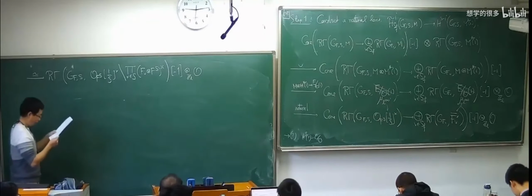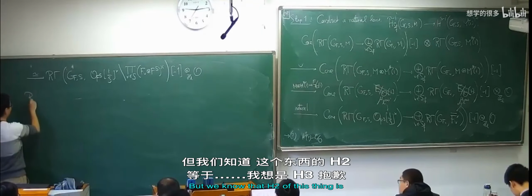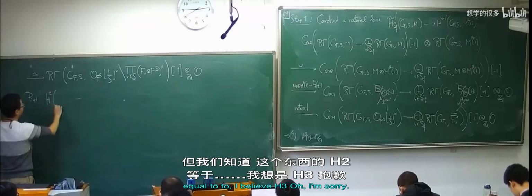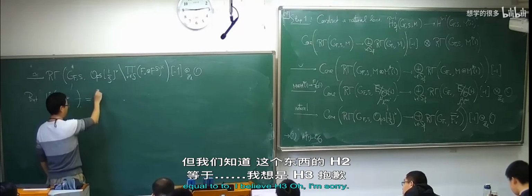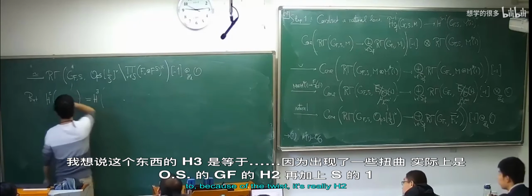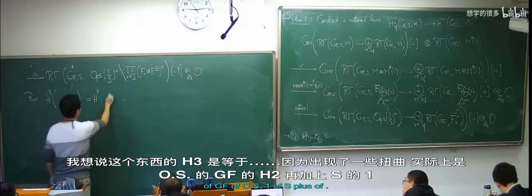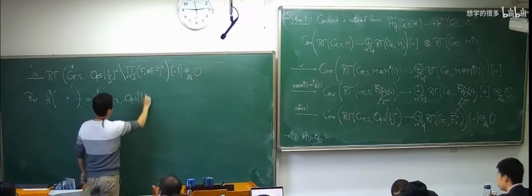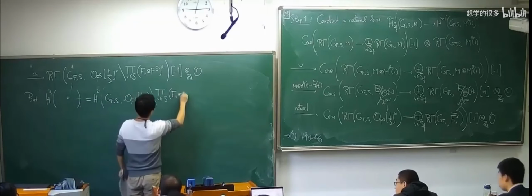Okay. But we know that H2 of this thingy is equal to, I believe H3 of, I'm sorry, I want to say H3 of this thingy is equal to, because of the twist, it's really H2 of G_F of O_{F,S}, 1 over S, cross of. And this is what we talked about earlier.